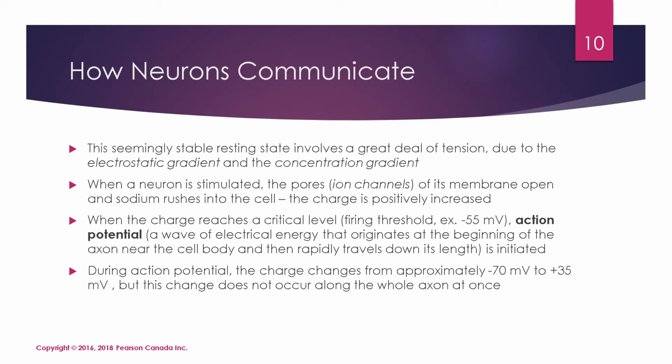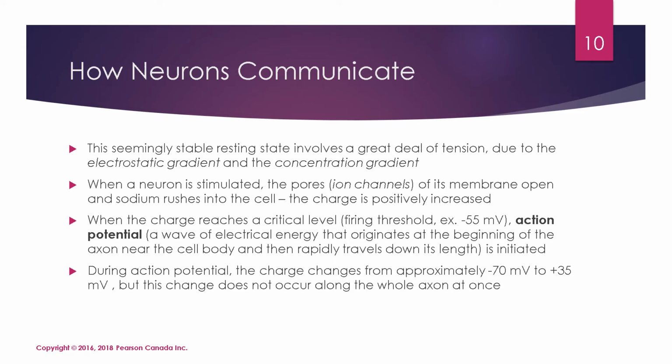It's a wave of electrical energy that originates at the beginning of the axon near the cell body, because of course the dendrites are all connected directly to the cell body. That wave of electrical energy originates there and rapidly travels down the length of the axon. In each of those little nodes along the way, you've got another little action potential occurring.